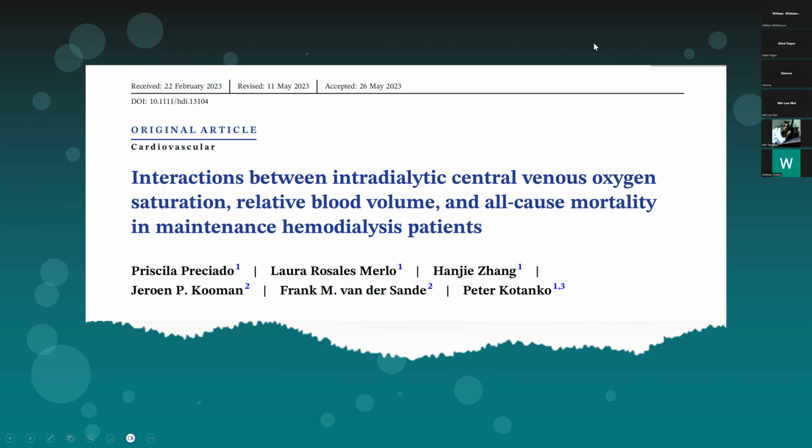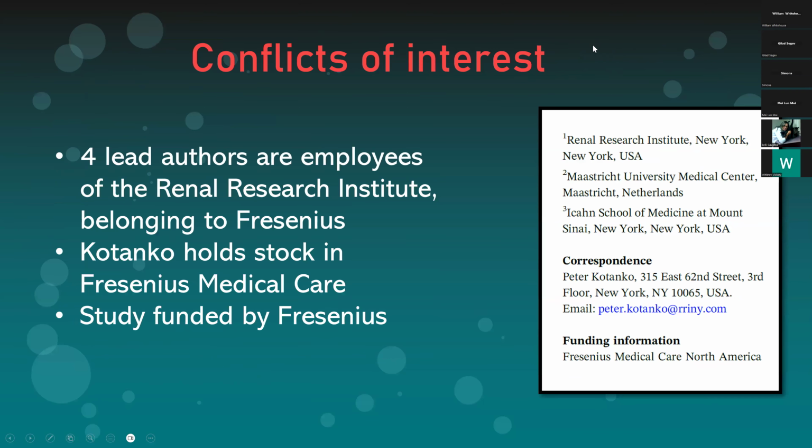And so I found this, this was published in 2023, and it's in Hemodialysis International. Just worth mentioning some conflicts of interest. So 4 of these lead authors, and Peter Kotanko seems to be quite widely published on this topic.